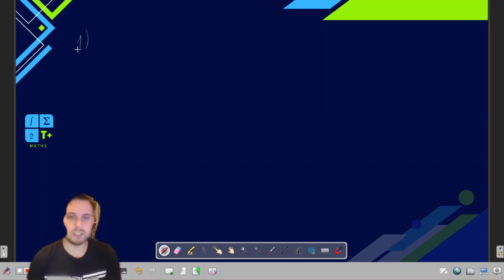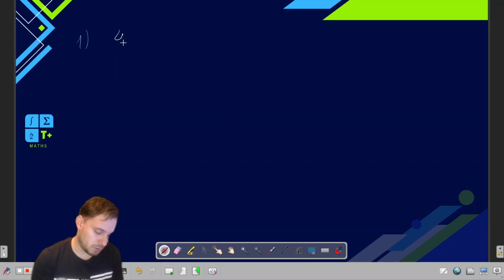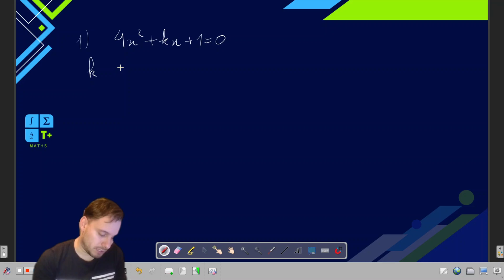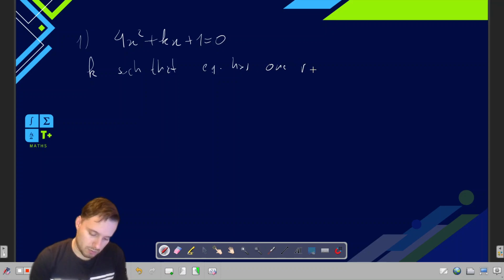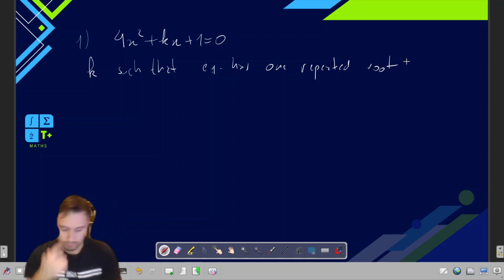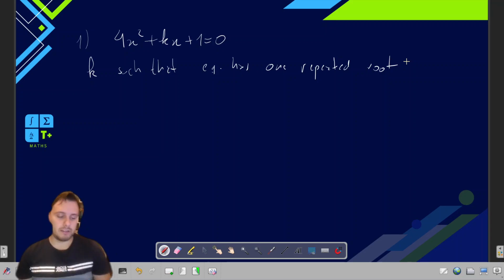We consider the equation 4x squared plus kx plus 1 equal to 0, and we want to find the value of k such that the equation has one repeated root.